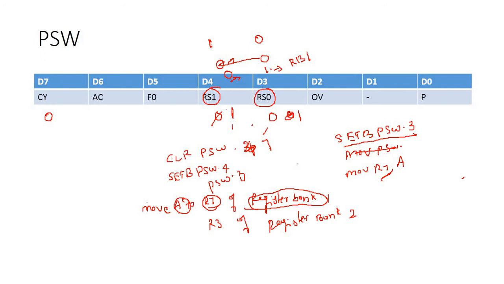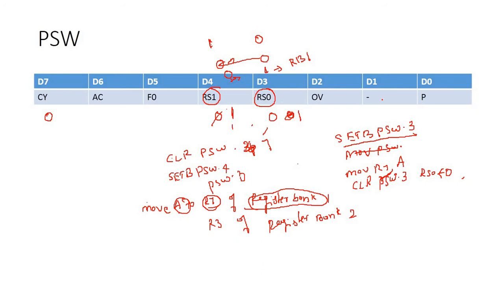Right now RS0 is 1 and RS1 is 0. So what do we need to do now? I need RS0 to be 0. Correct? No? But this has 1, so it should be 0. So what can I do? CLR PSW.3. What will it do? It will make the RS0 bit 0.